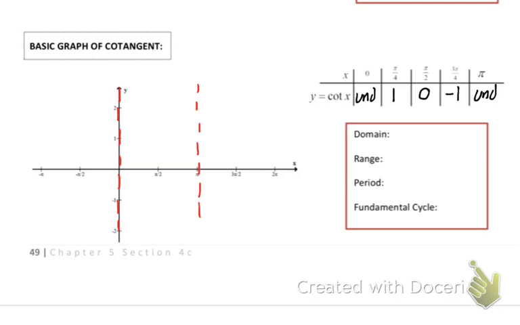There is going to be a point right in the middle, at pi over 2, 0. However, pi over 4 is a positive 1, and 3 pi over 4 is going to be a negative 1. So the shape of our cotangent graph is going to look like this.